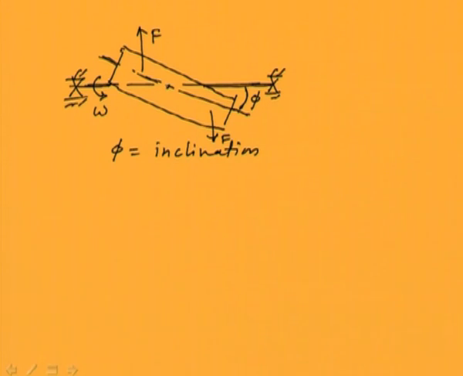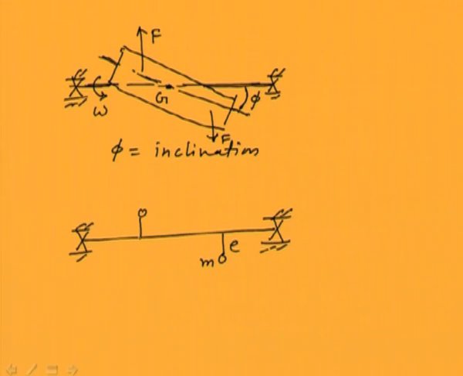For the time being, let us consider that the center of gravity is coinciding with the center of rotation of the shaft. So there is no eccentricity as such, but inclination is there now. This particular rotor can be represented like this, in which we have M, E here. Forces are acting here when this shaft is rotating.